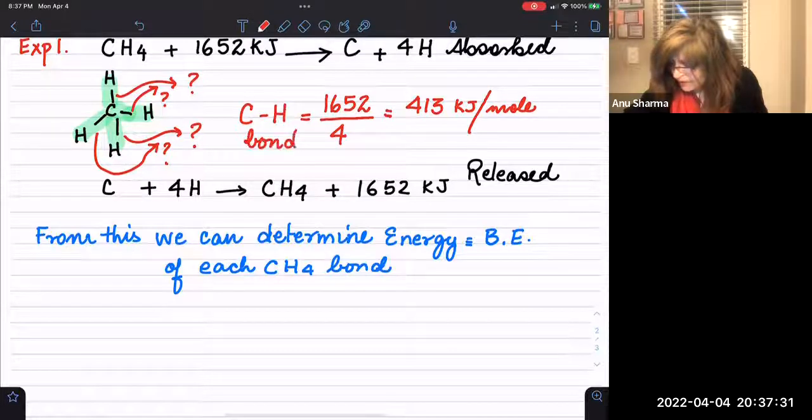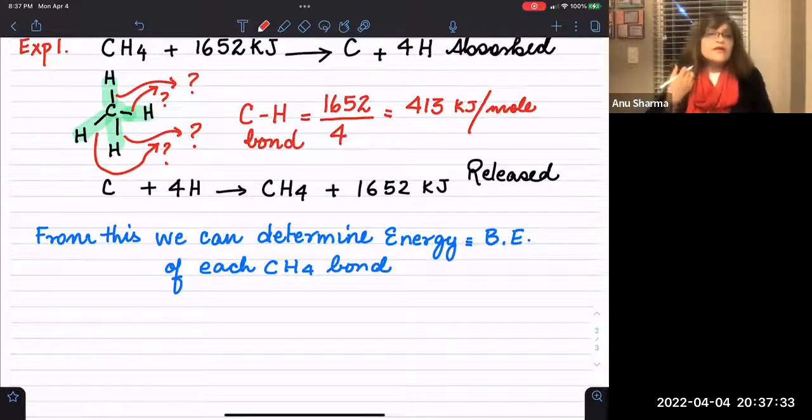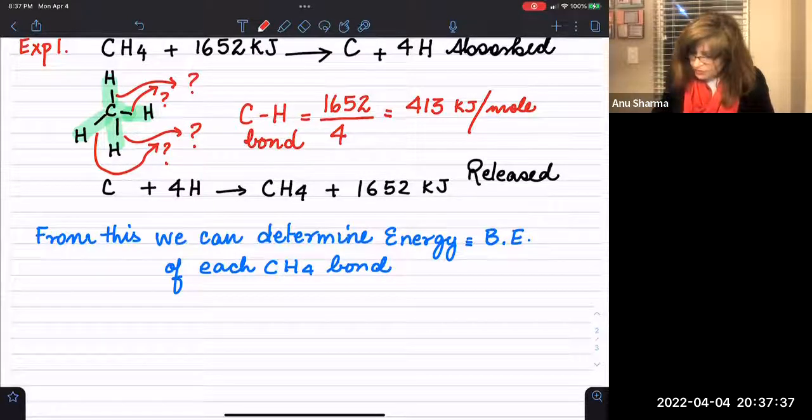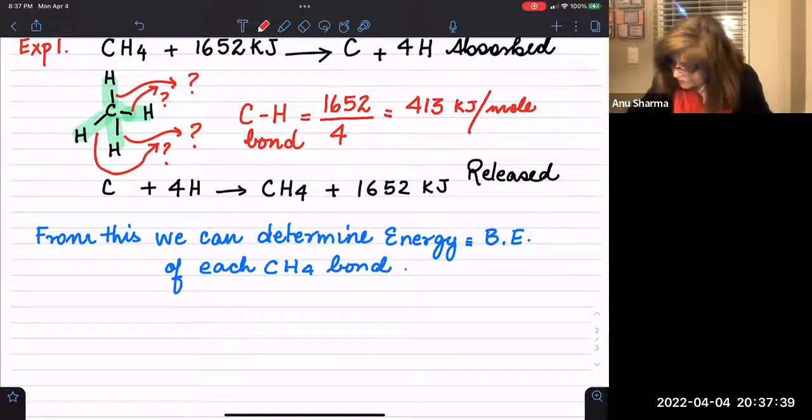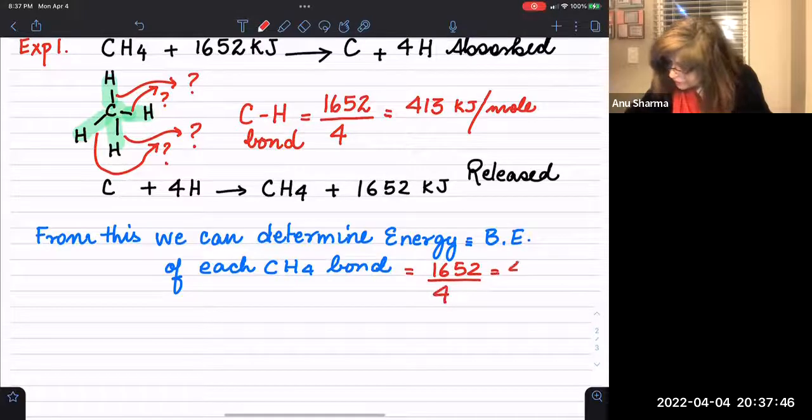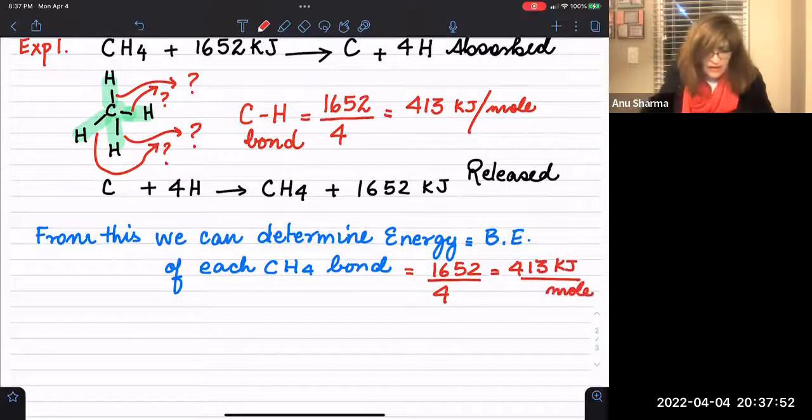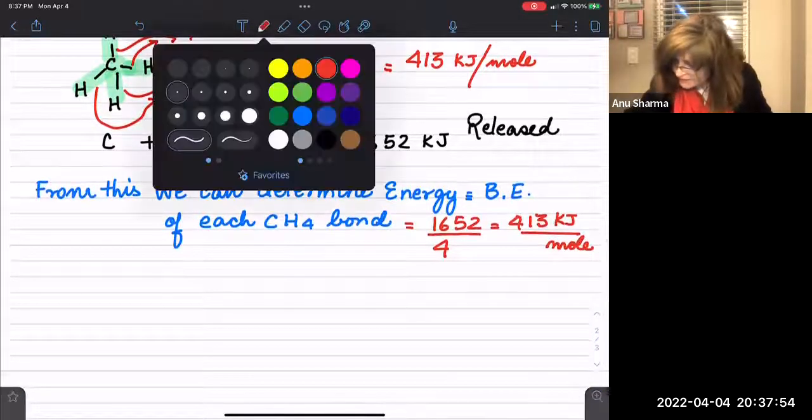So this is how they calculate the bonds of individual parts in a molecule. Okay. So 1652 divided by 4 gives you 413 kilojoules per mole. All right.